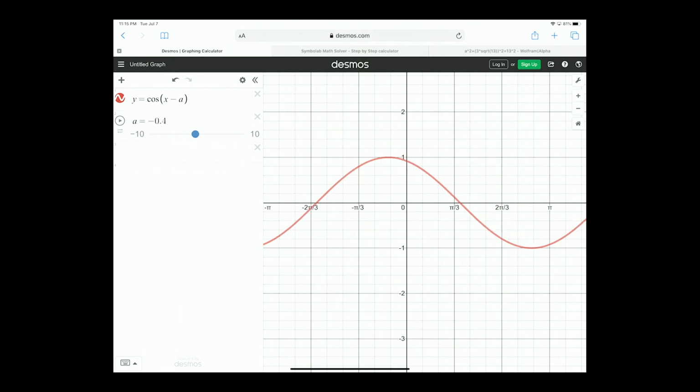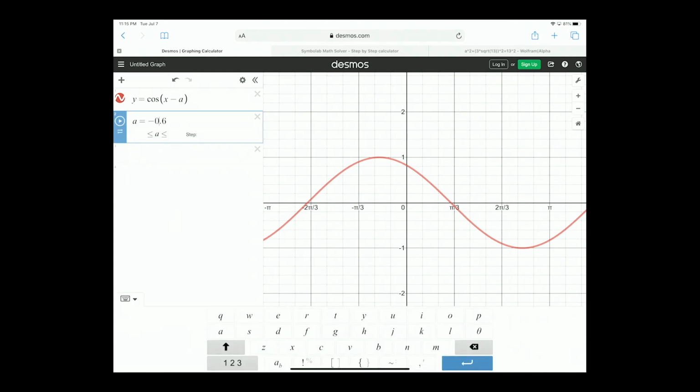And if a goes negative, think about that, if I have a negative 0.6 for a, that's actually x minus negative 0.6. So that's x plus 0.6.